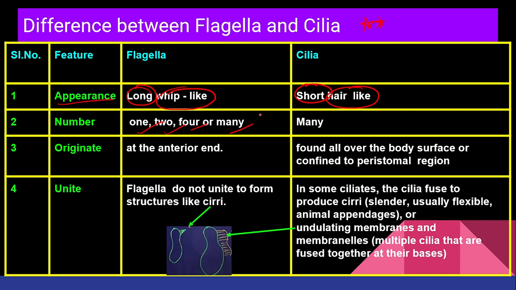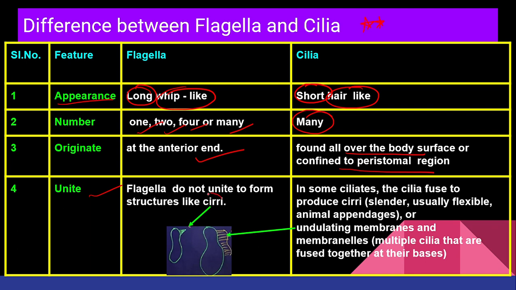We have seen a number of flagella examples, right? So we can have one flagellum or we can have many flagella, but when we talk about cilia, we do not have one cilium, we have many cilia. From where do they originate? Flagella originate from the anterior end, and cilia are found all over the body surface, or they can be found in the peristomial region.